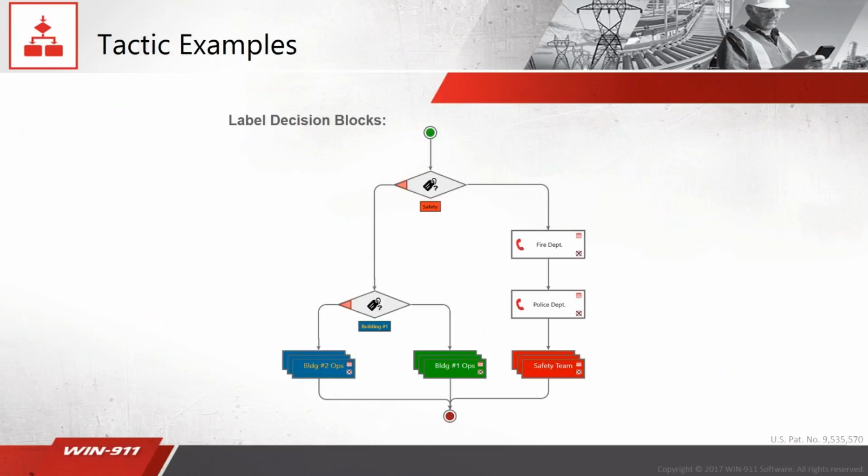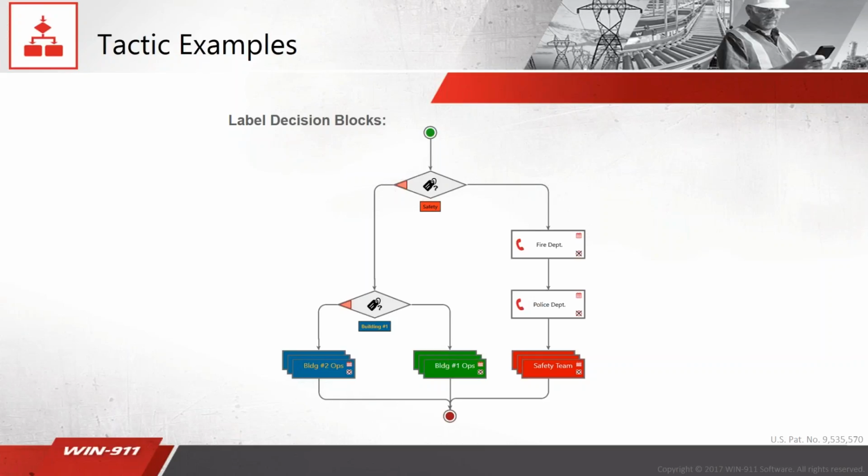There's one more example. In this one, we're checking to see if the alarm's a safety alarm. If it is, let's call the fire department and the police department and whoever is in your organization wearing the safety team role. If it's not a safety alarm, we can check to see if it's a building number 1 alarm.